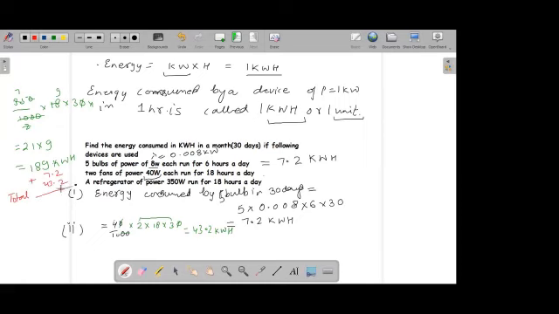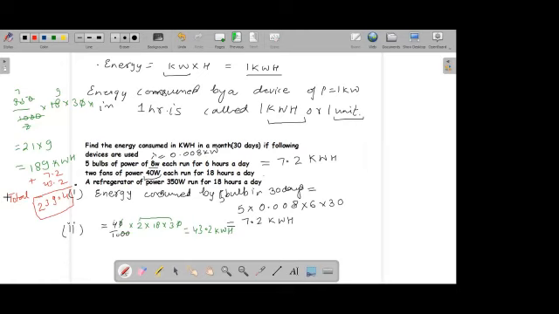You add this and you get your total energy. You get 239.4 unit or 239.4 kilowatt hour. So now we do not have such long decimals and we have a proper value.